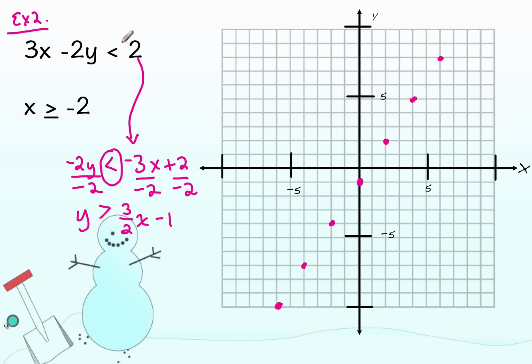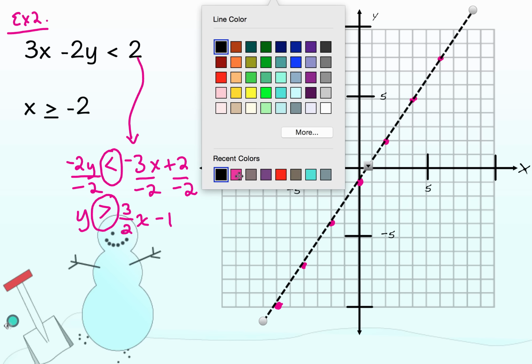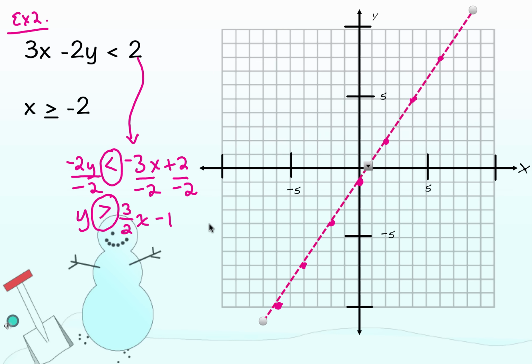Next would be to draw the line. So I'm going to look here and it is only greater than. So therefore my line is going to be dashed because I only want to shade in the greater than. Remember, this divides my Cartesian plane into above the line, on the line, and below the line.